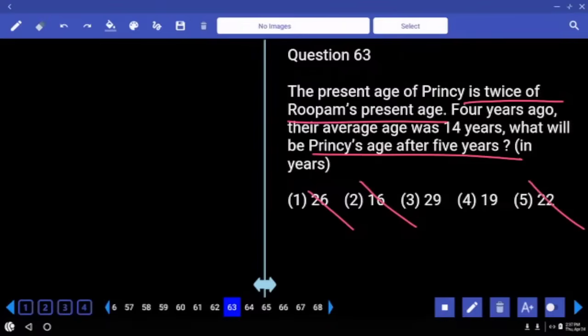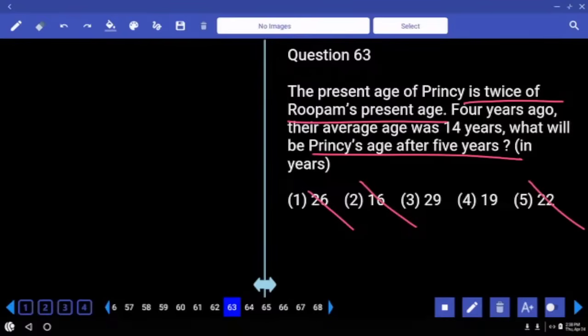Between Princey and Rupam, who is elder? Princey. So Princey's age will be more than 50% of the total. If divided equally, 50% 50%. If both ages are equal, the total 100% is divided equally, 50-50. Correct?